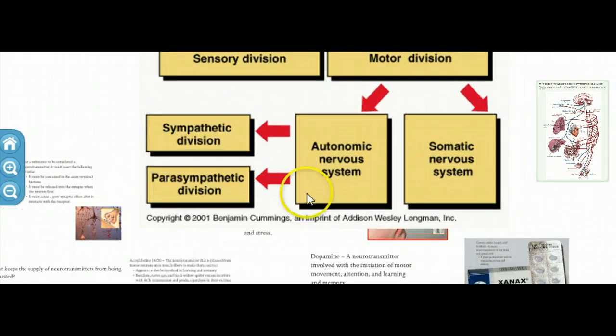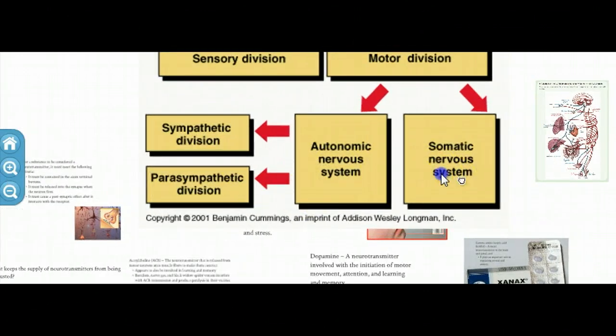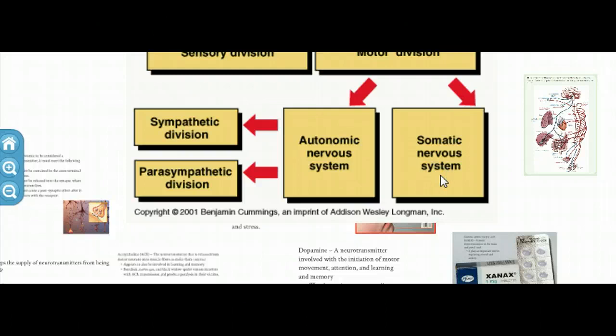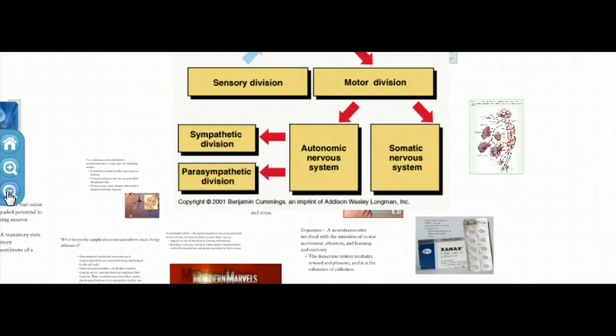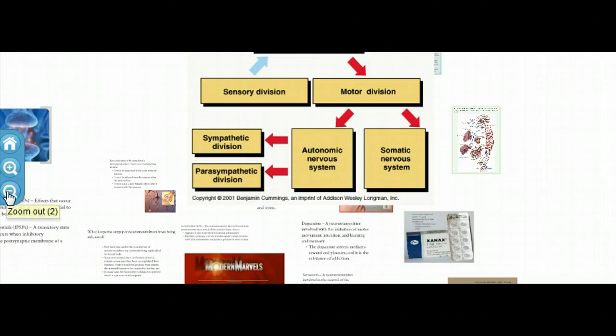There's the autonomic nervous system and the somatic nervous system. The autonomic nervous system controls smooth muscles, like heartbeat, respiration, stuff like that you have no control over. The somatic nervous system controls skeletal muscles or striated muscles.